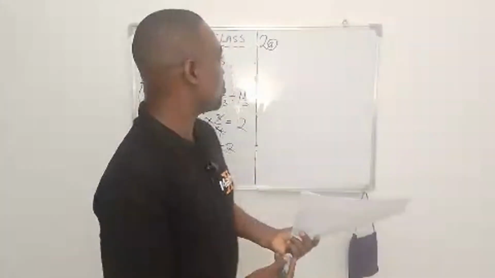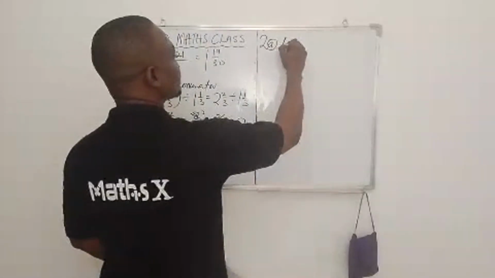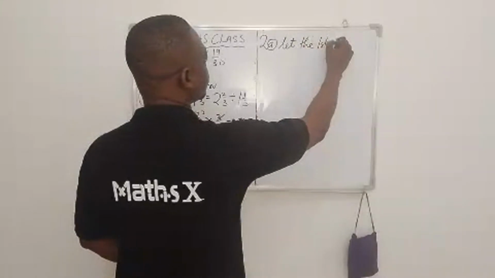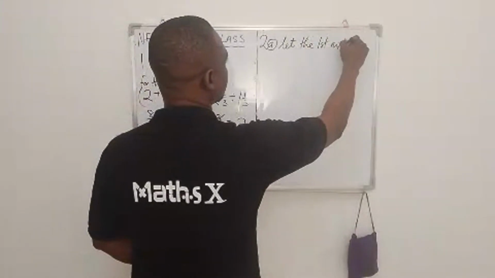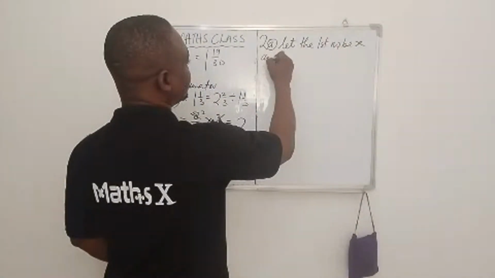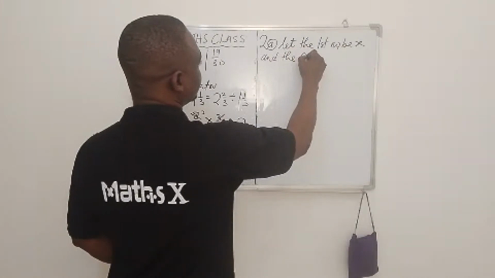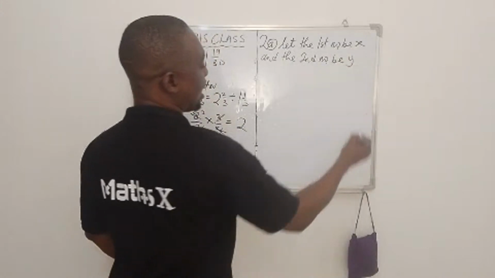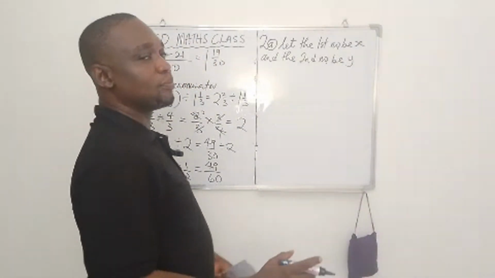So watch me. First statement: let the first number be x and the second number be y. So the two numbers are x and y.